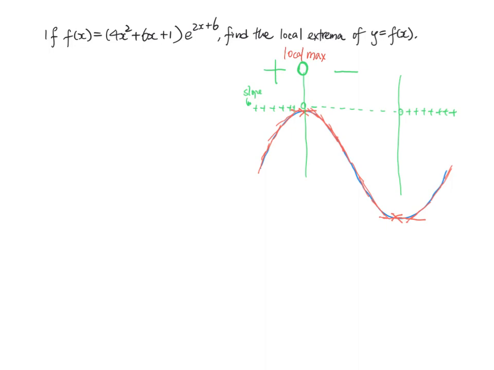And when you have negative slopes through 0 to positive slopes, that means at this particular point you have a local minimum. So this is what we call the first derivative test.